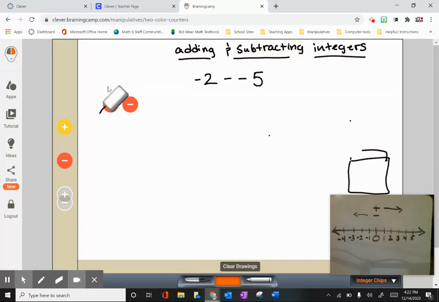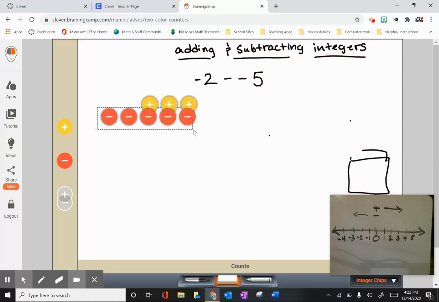5 is the goal. So what if I added some 0 pairs here? What if I just rewrote this as -2 plus 0 plus 0 plus 0? It's never going to change the value of that -2 by adding 0. But now, if you notice, I have 5 negatives that I can take away.